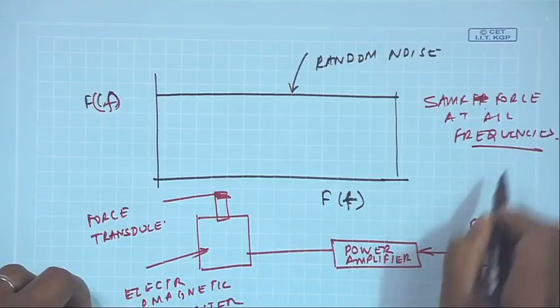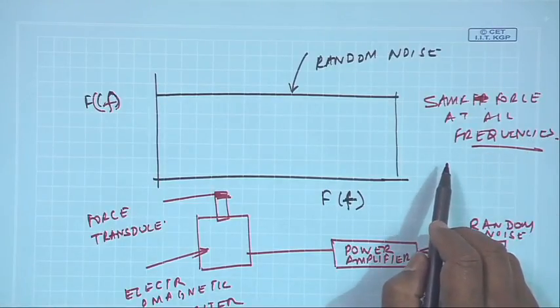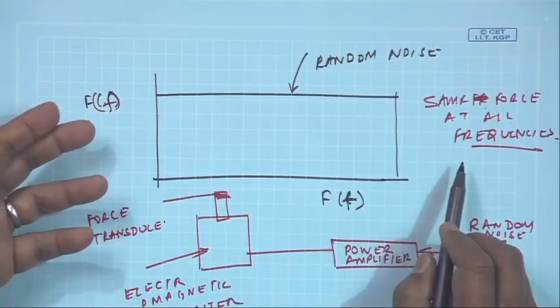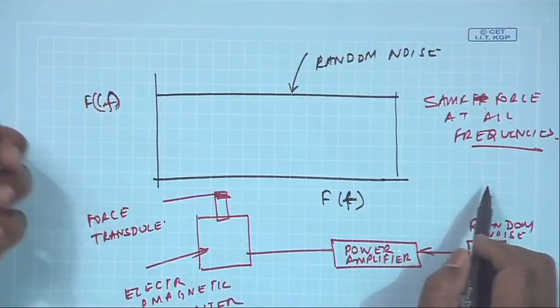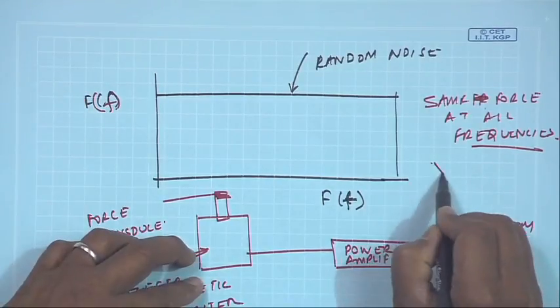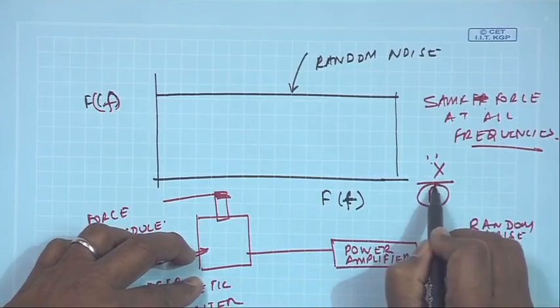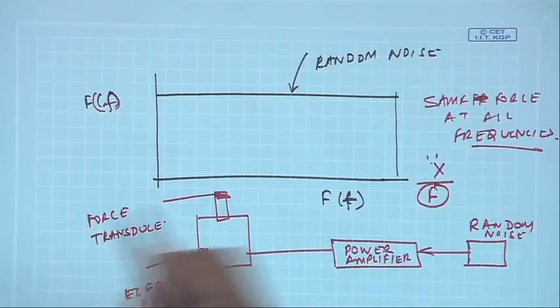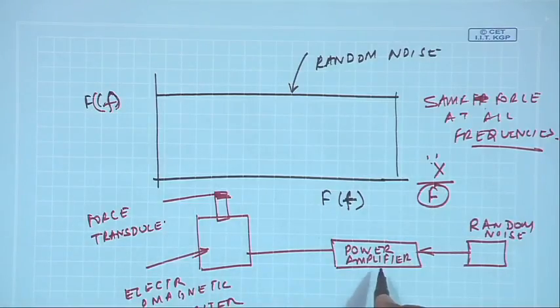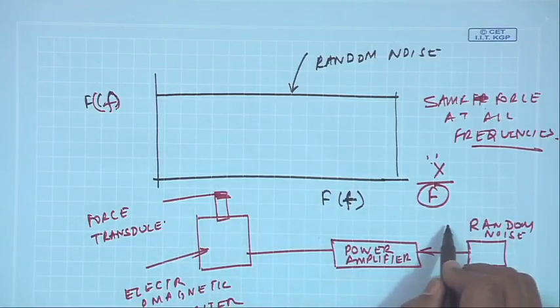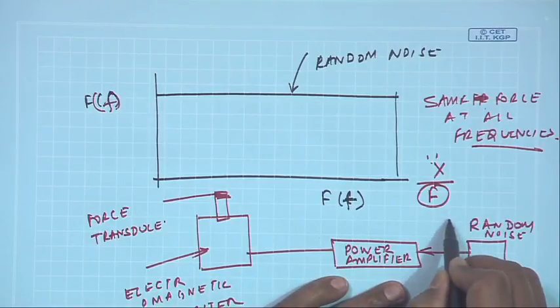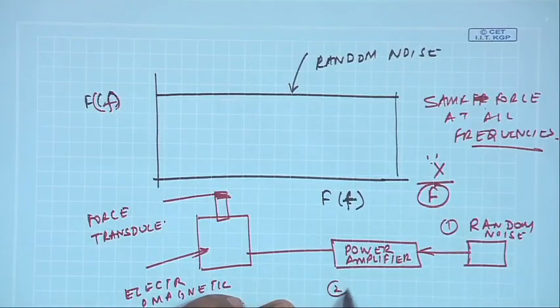So, since this is in the denominator and it is a constant force, wherever the response is high, it means it is resonance, because it is x dot by f which you are measuring, and this happens to be a constant. So, wherever x dot has a peak, it would correspond to resonance. Some of the signals which are used in such excitation: one is random noise, another is a sine sweep or a chirp signal.